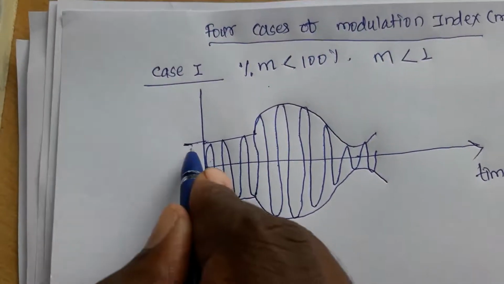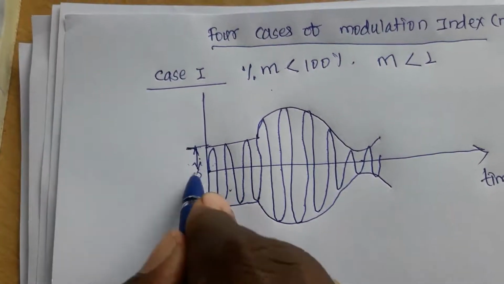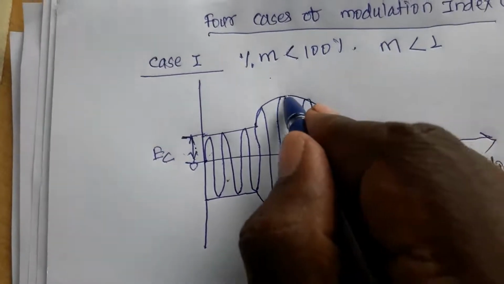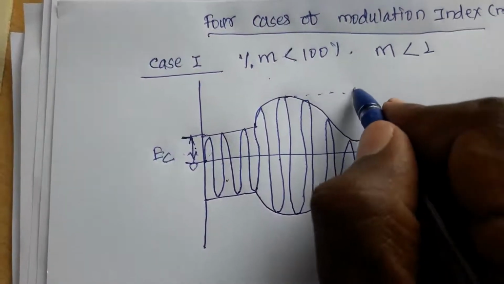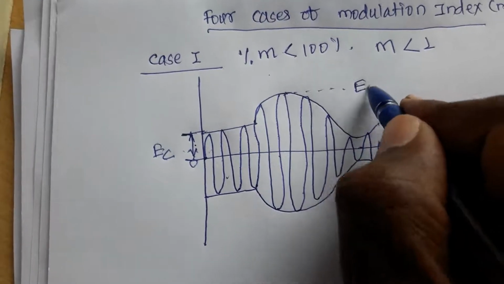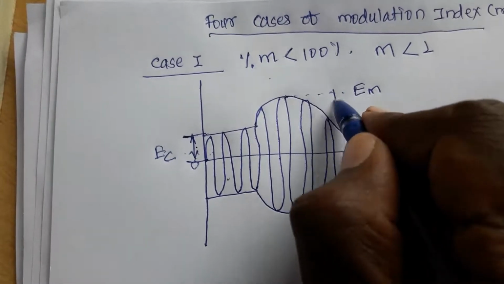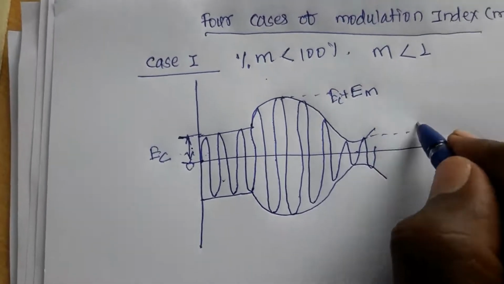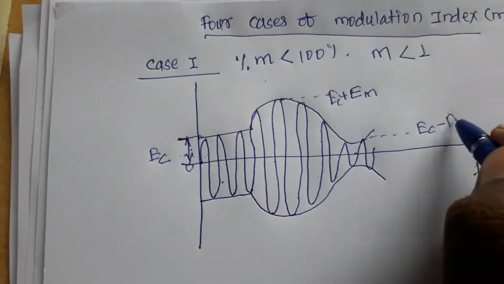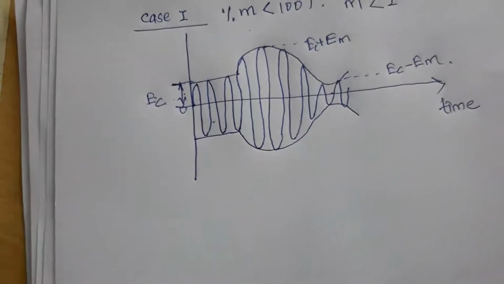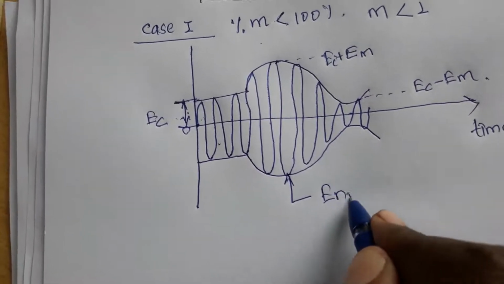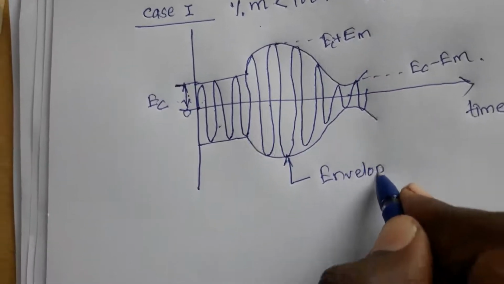So it is a 0 point. This is the peak amplitude EC. This is the upper voltage level, EC plus EM, and this is the lower voltage level, EC minus EM, and whatever the waveform, it is called the envelope.